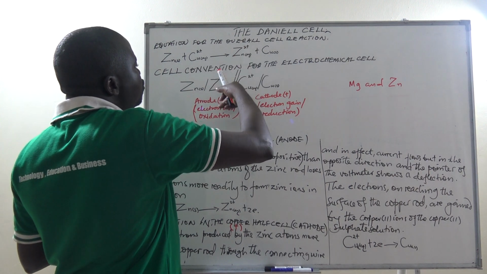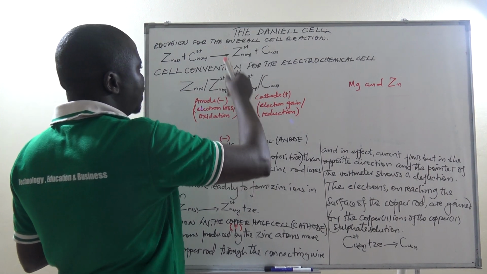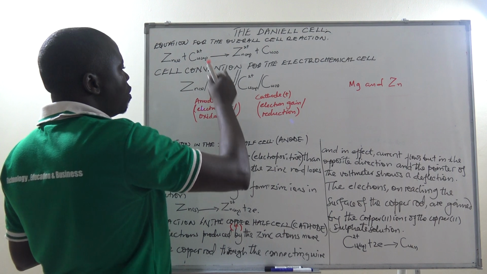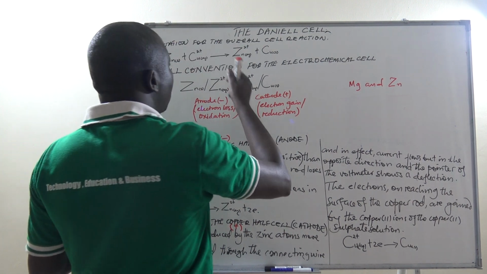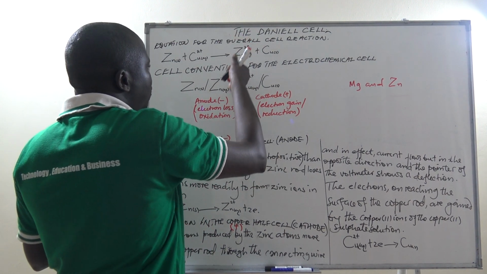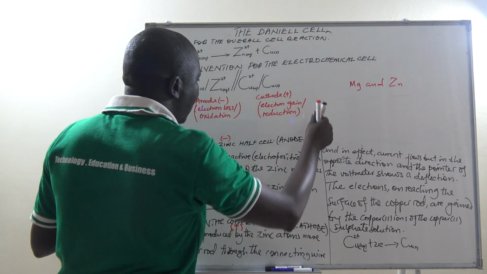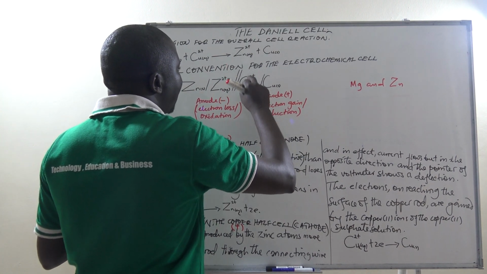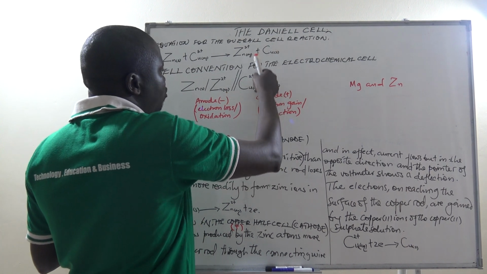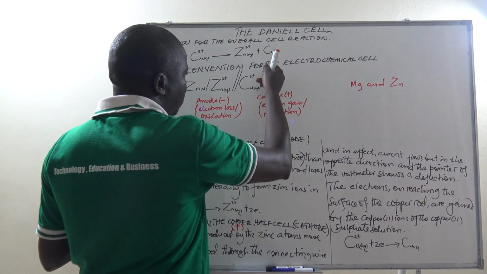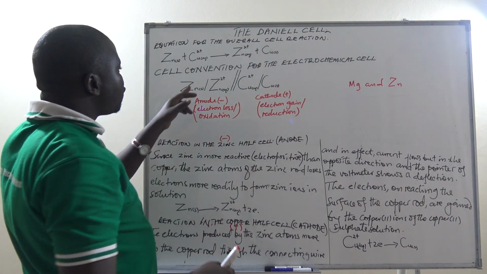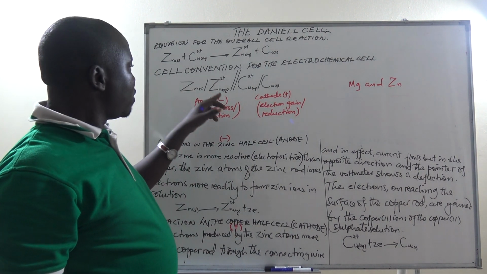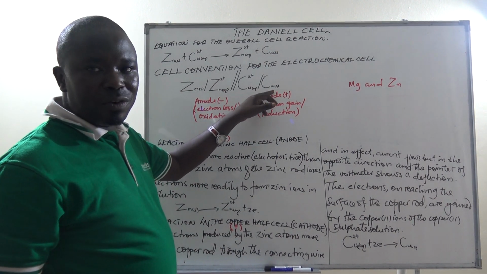Then you have to use two longer bars, which stand for the porous partition, or the porous pot, or the porous wall. It also signifies or stands for the salt bridge. And in this case, you go to the other side where we have the metal ion gaining electrons to form that very metal, and you separate them using a shorter bar. Not forgetting, you don't have to forget the state symbols.